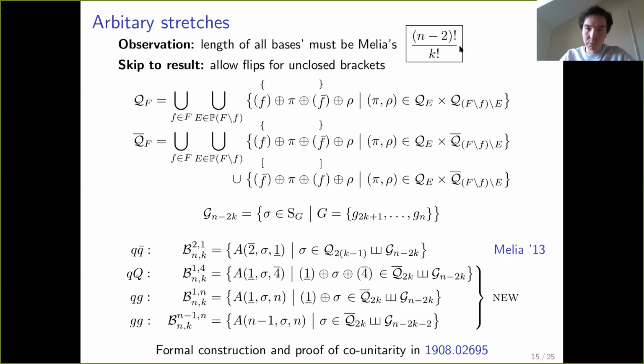And if you count the number of terms in this basis, you always get the same length as the Melia basis, which has to be the same, because we are color decomposing the same amplitude, just with different stretches.